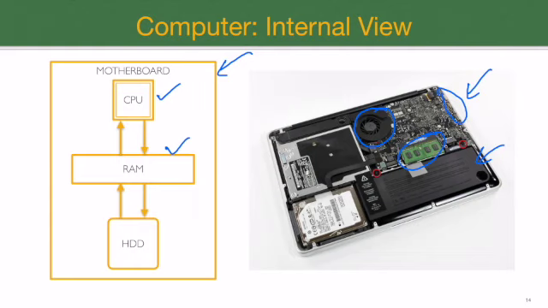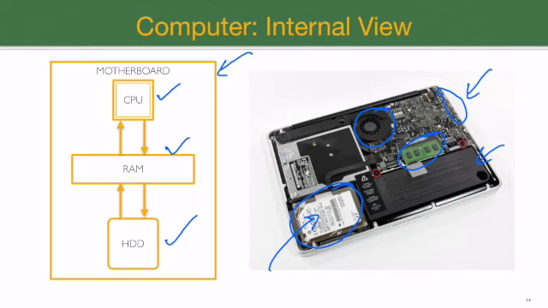The final component, which is very important for the operation of the computer, is the hard drive. A computer can work without a hard drive, but generally it's not a great idea to run a computer without one. These days, SSDs are very common instead of hard drives, but the standard term for permanent storage is hard drive, so that is why I'm using the same term. The hard drive is shown here. This is the hard drive of the computer.